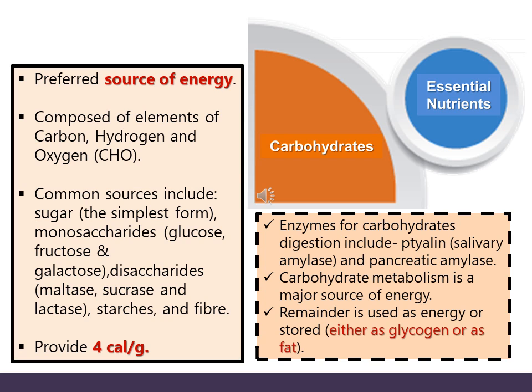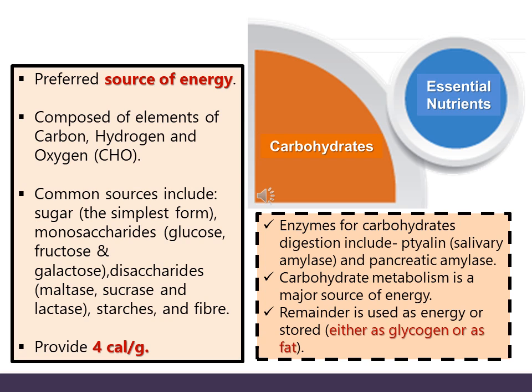One of the most important essential nutrients needed by our body is carbohydrates. Carbohydrates are very important because they are the main source of our energy. That's why you can perform a lot of activities every day. You can go to school, you can do your work, because you have energy, and the energy comes from carbohydrates. Carbohydrates are composed of carbon, hydrogen, and oxygen.